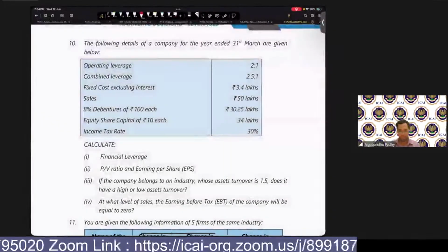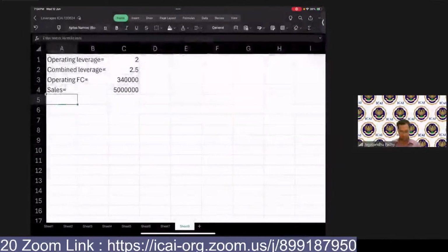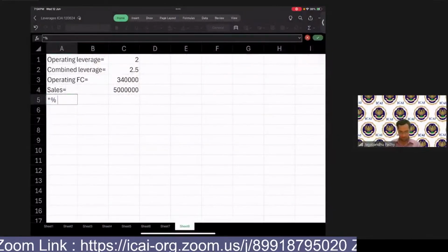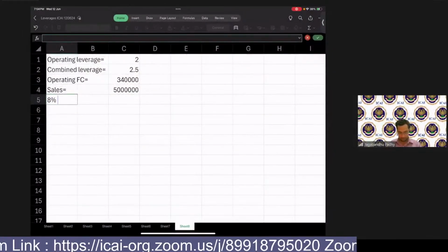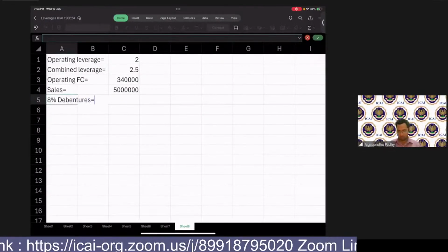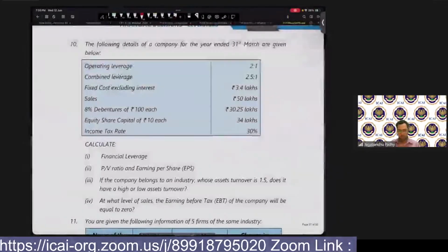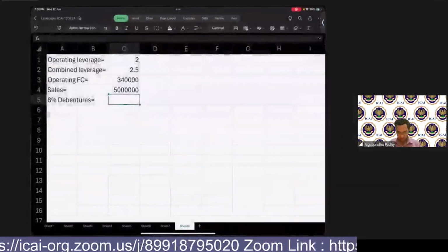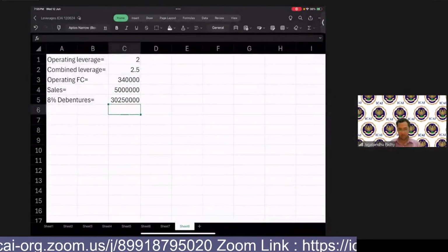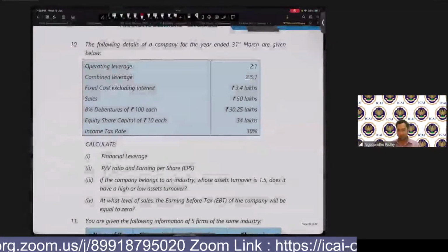Sales is 50 lakhs. 8% debentures is 30.5 lakh.